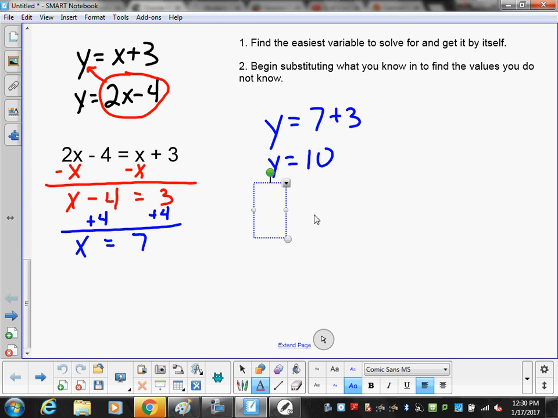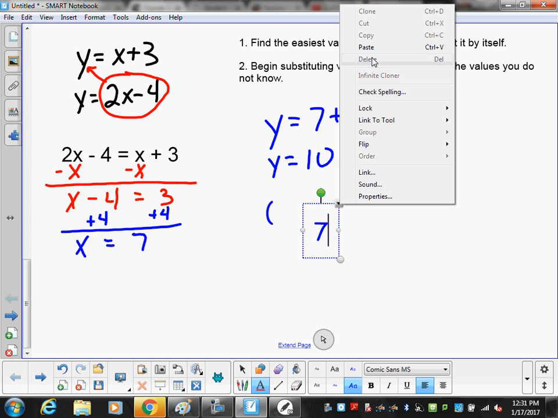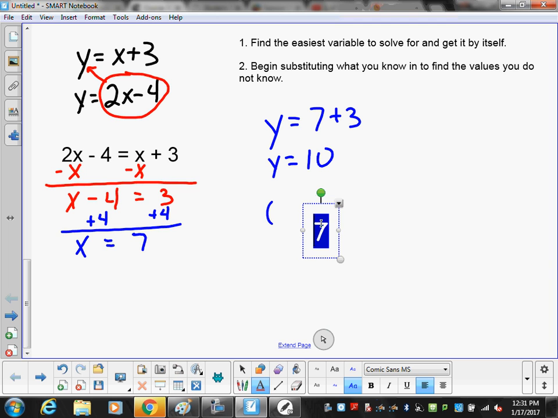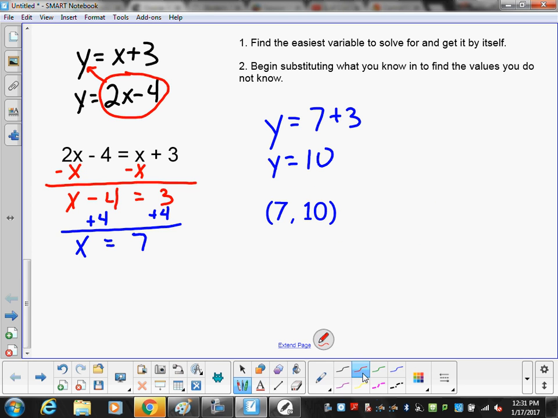All right, so my solution is the point 7, 10. So this here is my answer.